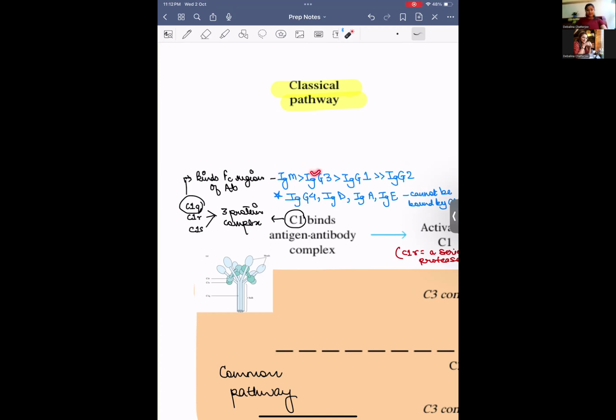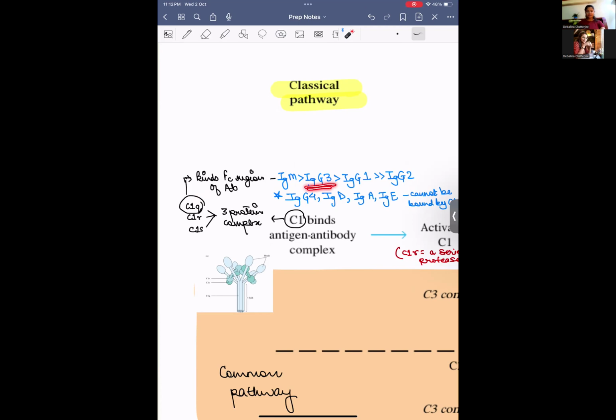But let's just come back to complement. In complement, the highest affinity binding is of IgM to the C1q component, followed by IgG type G3. So IgG can also be of different types, IgG1 to IgG4, four types.